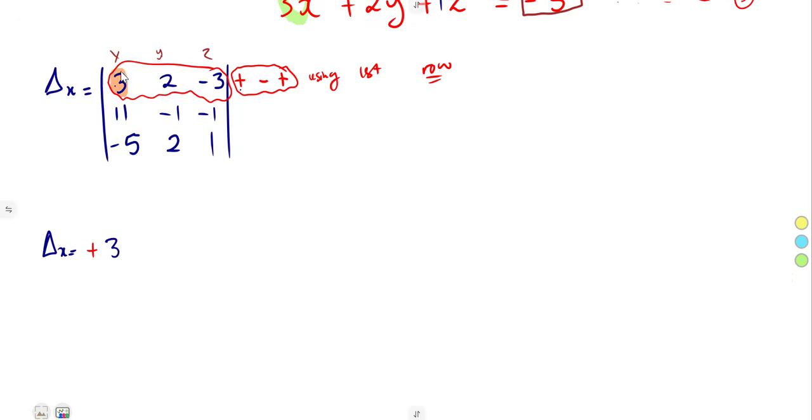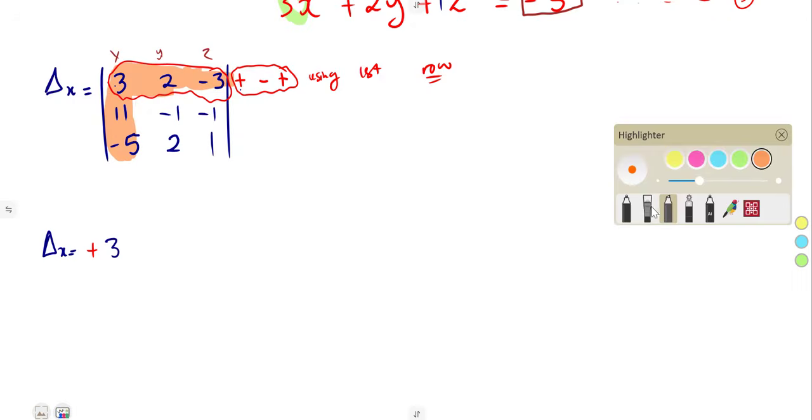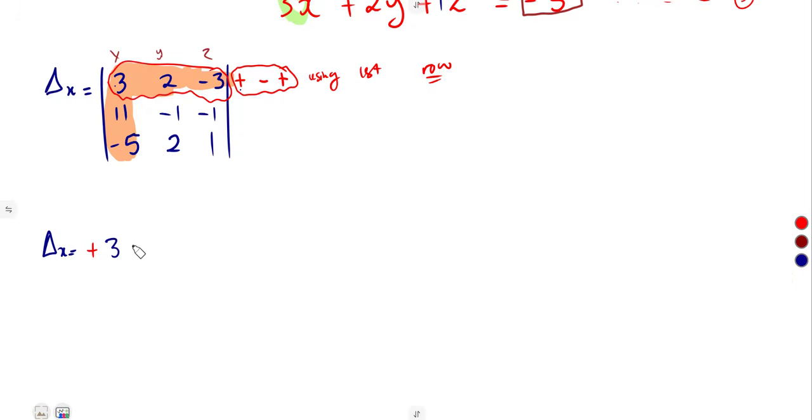Where element 3 is, you close the row and the column. Remember our previous calculations, guys. You close the row and column where that 3 is. So you'll be left with this part. That is the determinant you are going to determine. So we are left with minus 1, 2, minus 1, 1. All right, you're done.